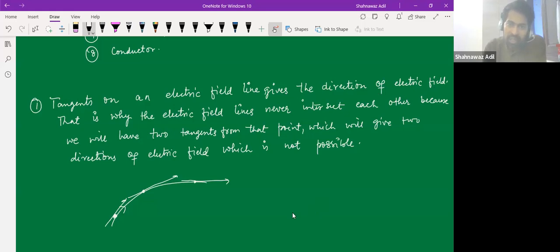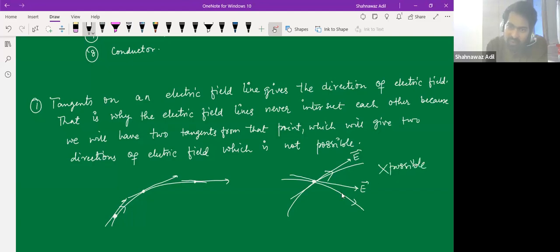And let's say two electric field lines are intersecting, this one and this one. At the intersecting point, when I draw the tangent for this one, the electric field would be this. And at this point on this other line, the electric field would be this one. So at this point there are two electric field directions, which is not possible.